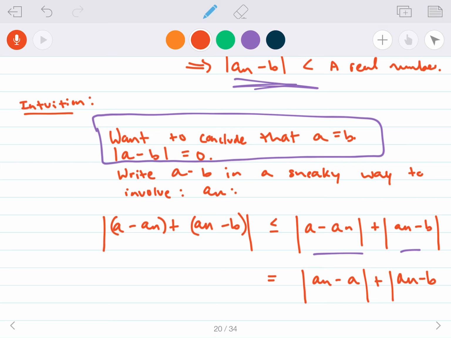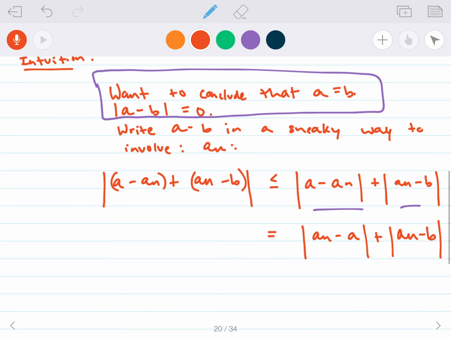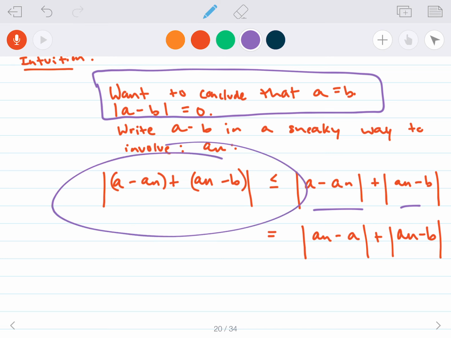Okay, so now I know I'm in good territory because I'm using what I have to conclude something. Now, what do I want? I want this to be equal to 0, okay? I'm letting my epsilon be a number bigger than 0, but I can let it get as close to 0 as I want. So as long as epsilon is getting really close to 0, then I'll have what I want.